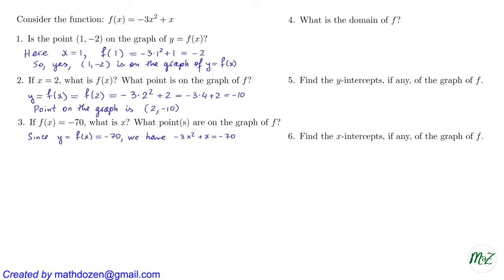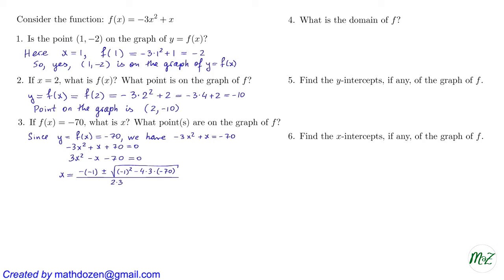So if we do that, we have the equation negative 3x squared plus x equals negative 70. If we add 70 to both sides, we're looking at the quadratic equation negative 3x squared plus x plus 70 equals 0. If we multiply through by negative 1, we get 3x squared minus x minus 70 equals 0.